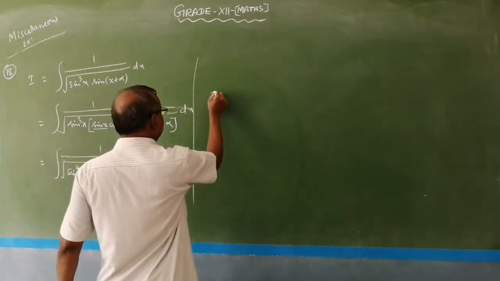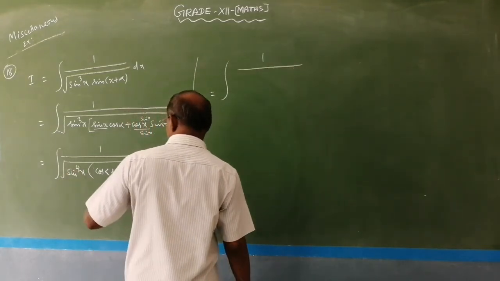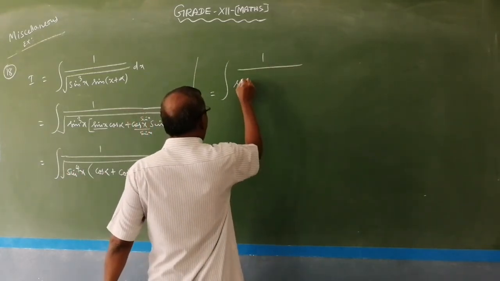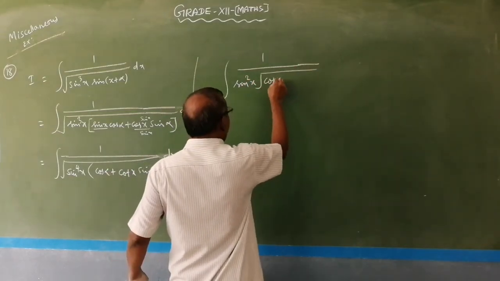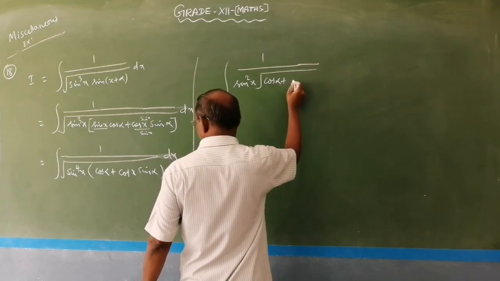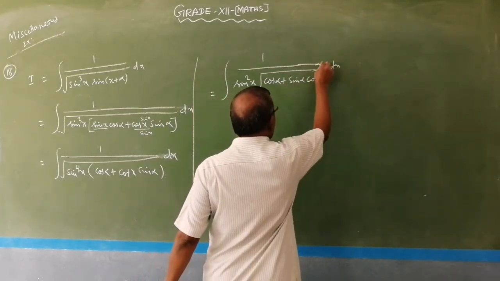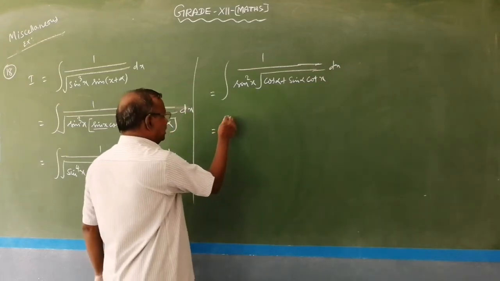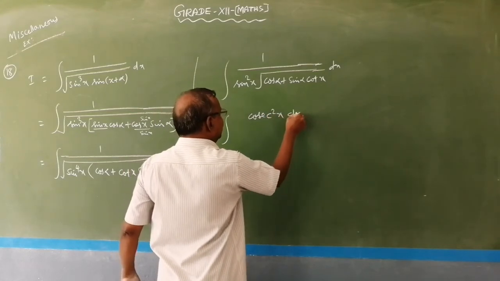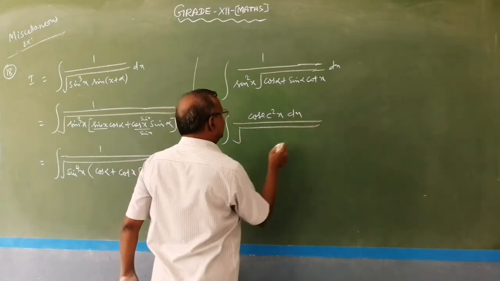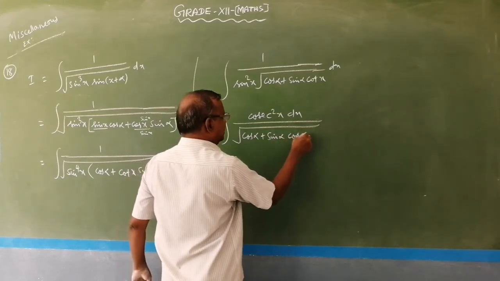This is equal to the integral of 1 by, taking out of the square root, sin square x into root of cos alpha plus sin alpha into cot x, dx. Now we have the integral of 1 by sin square x, which becomes cosecant square x, into dx divided by root of cos alpha plus sin alpha into cot x.